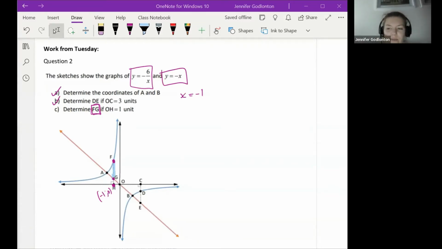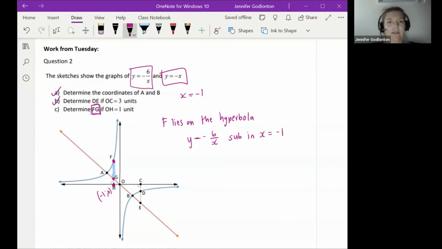Okay, so I'm just going to write some notes here as we talk about this. F lies on the hyperbola, and so we can say that this is our hyperbola's equation, and we want to sub in x is equal to -1.